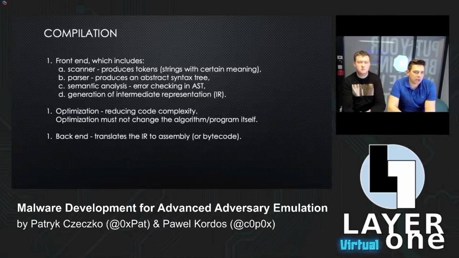So first we have this front end, which processes the source code and creates this intermediate representation, and then the optimization takes place, which works on the intermediate representation level to reduce code complexity but not to change the application algorithm, and then the backend translates this modified IR code to assembly or some bytecode.